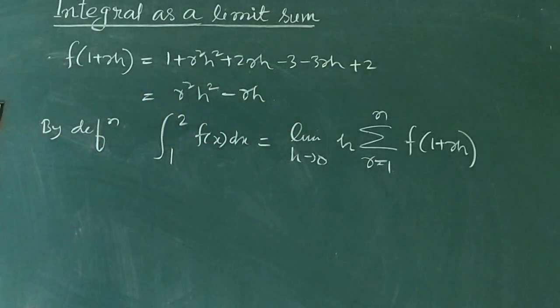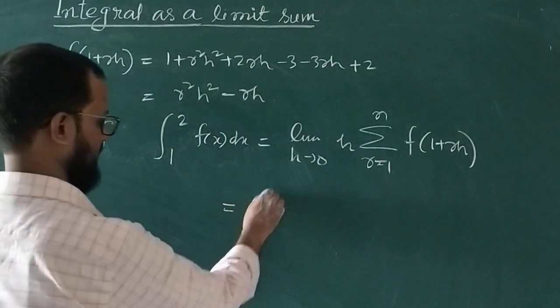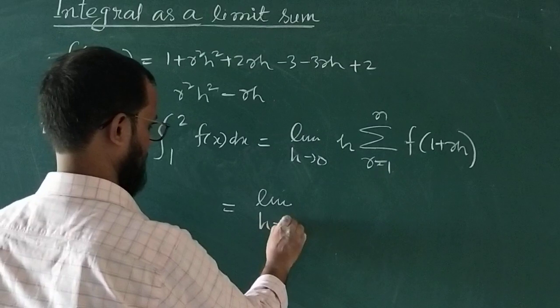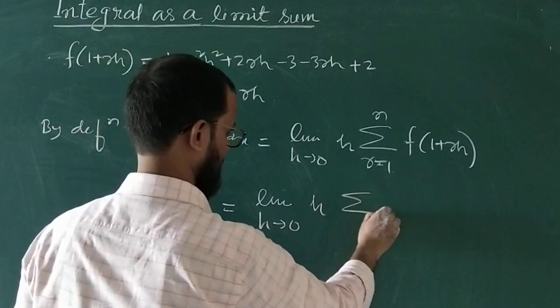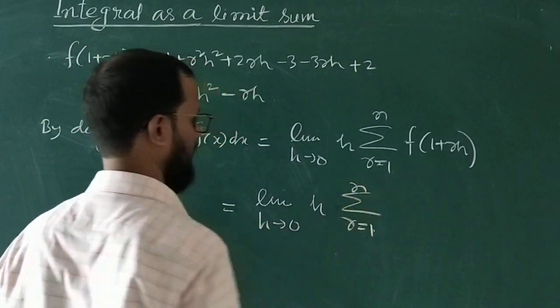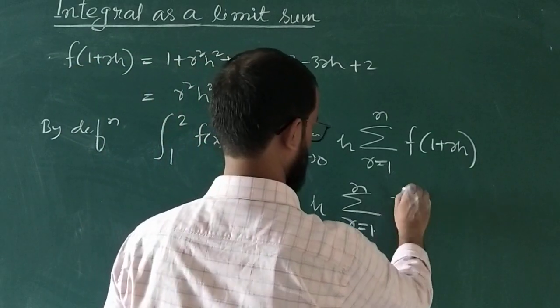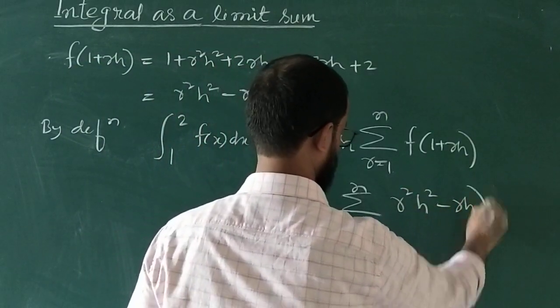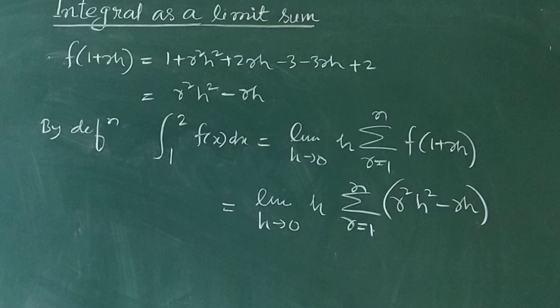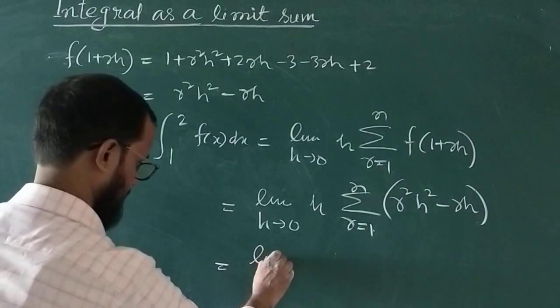Okay, now replacing the value of f of 1 plus rh: limit h tends to 0, h into summation r equal to 1 up to n, r square h square minus rh.